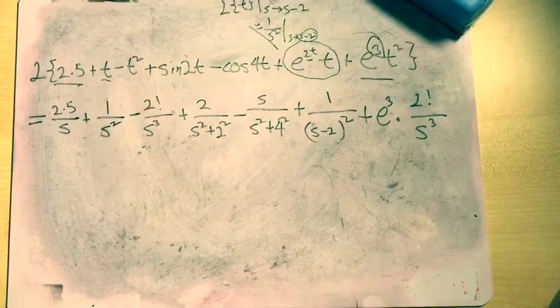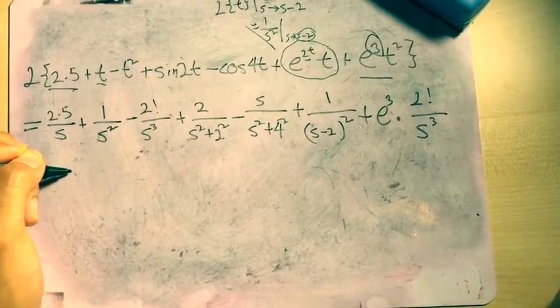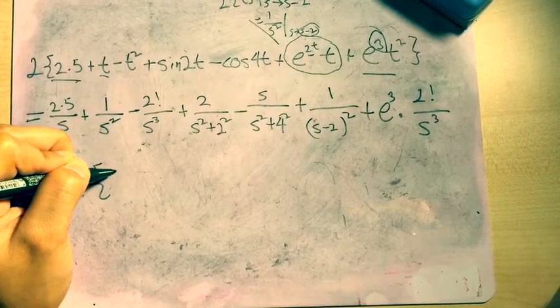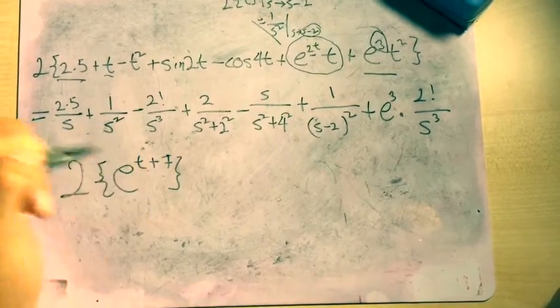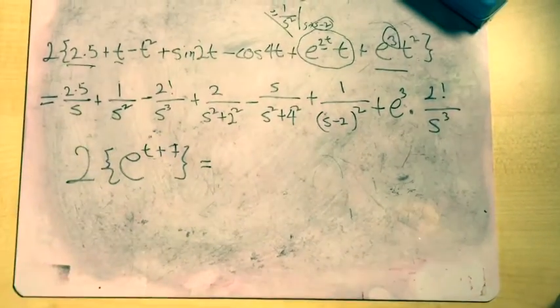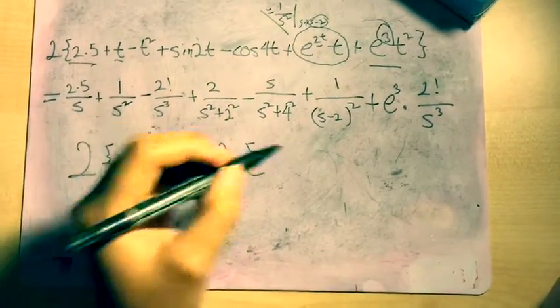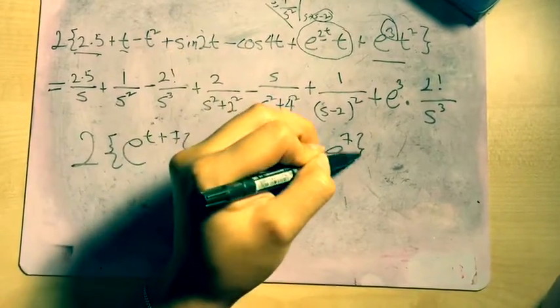I'll give you another example of a no shift, which is Laplace transform of e to the t plus 7. That would equal Laplace transform of, if you separate them, it would be e to the t times e to the 7.